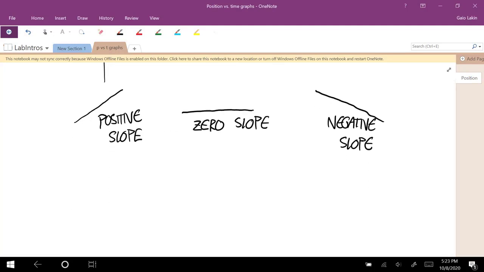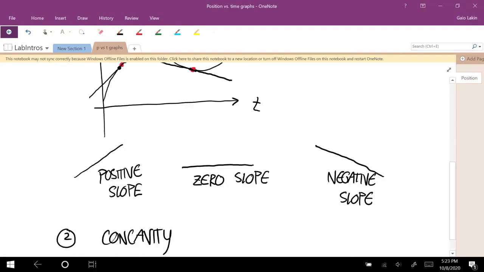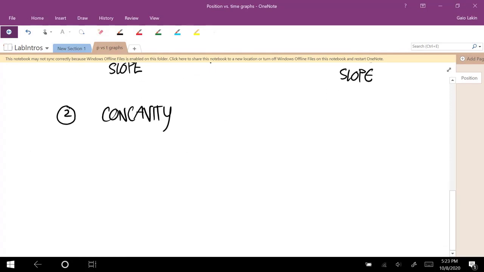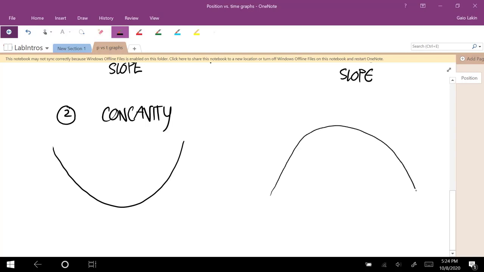Okay, so now let's talk about concavity, in what way the graph is concave. Any graph that isn't a straight line has to be part of either a shape like this or part of a shape like this.